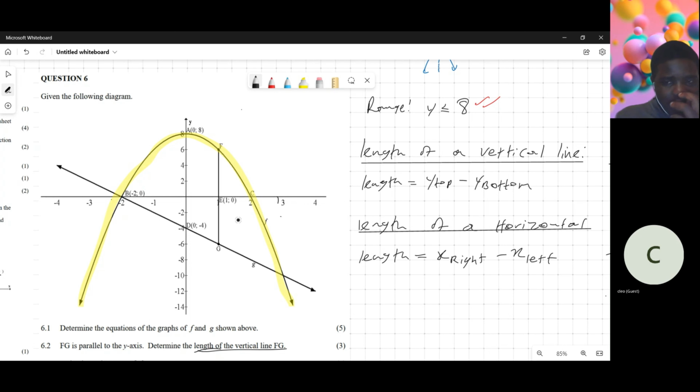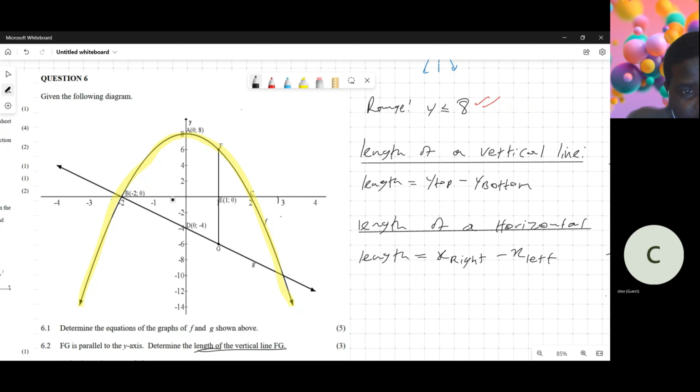An example of a horizontal length will be: determine the length of BC. Are you with me? Yes. If we ask you the length of BC, this is the horizontal length. Do you see that? It's very horizontal.